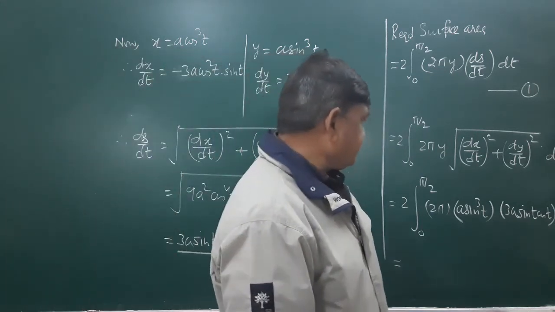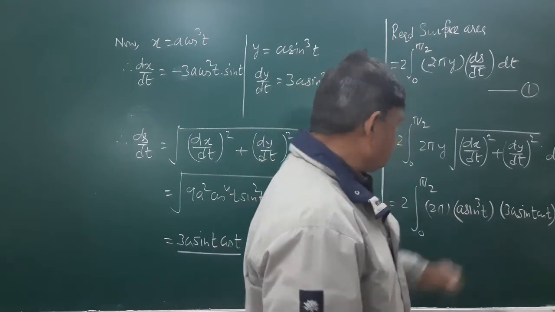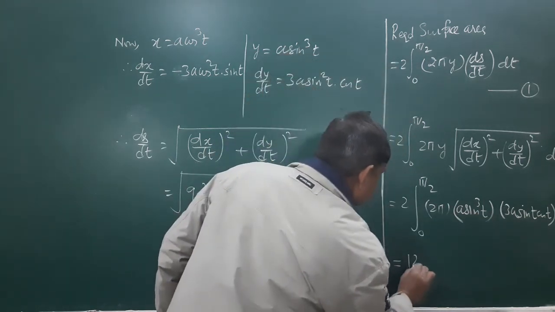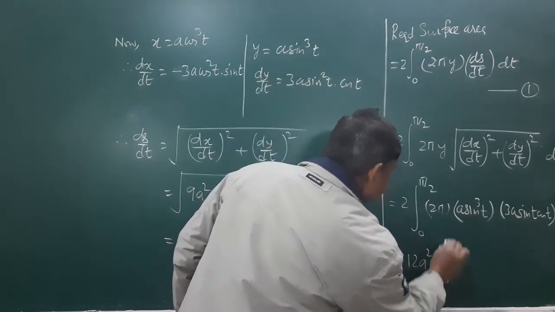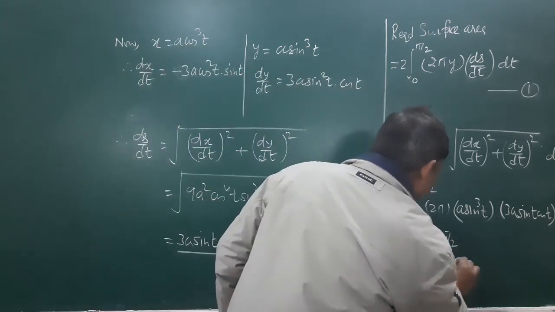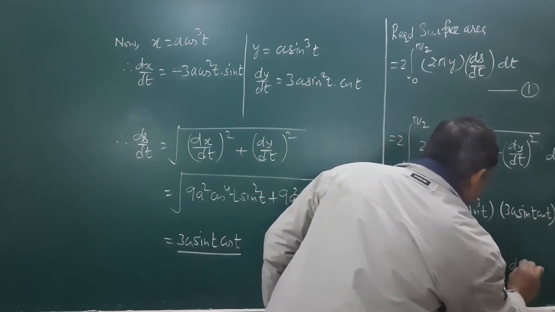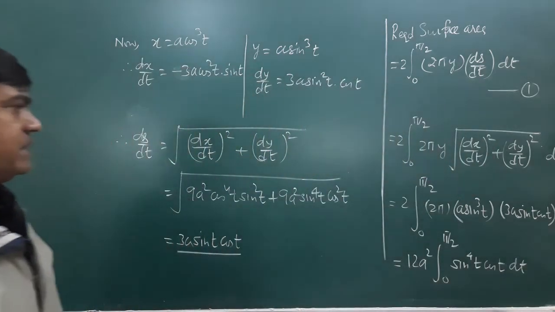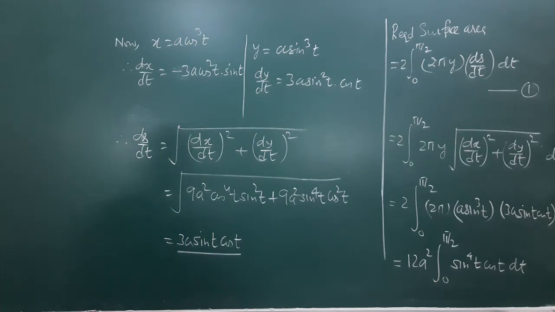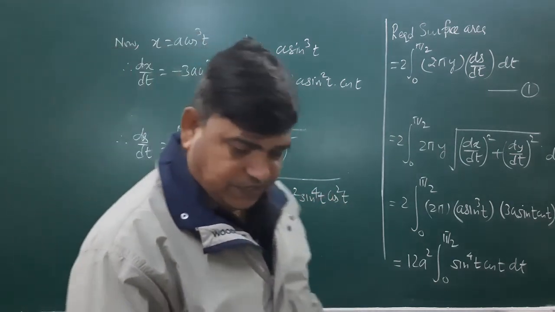So it is 2 times 2 is 4, 4 times 3 is 12. This is 12 pi a square integral 0 to pi by 2 sin to the power 4 t cos t dt.